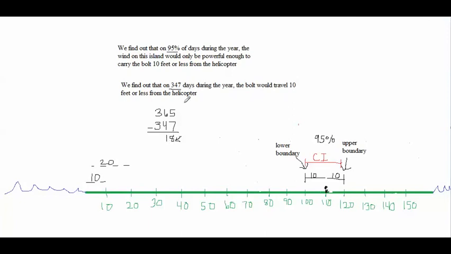We know that there's a much bigger chance, specifically a 95% chance, that the bolt would have fallen on one of these 347 days on which the bolt would have traveled 10 feet or less, which is why we have this pretty good amount of confidence that the helicopter's previous location, which is our population parameter, is somewhere inside of our confidence interval.